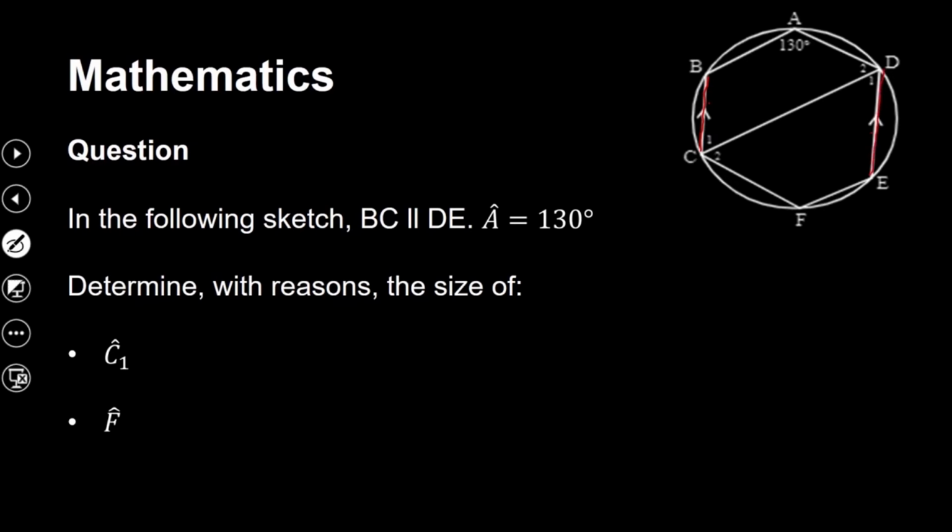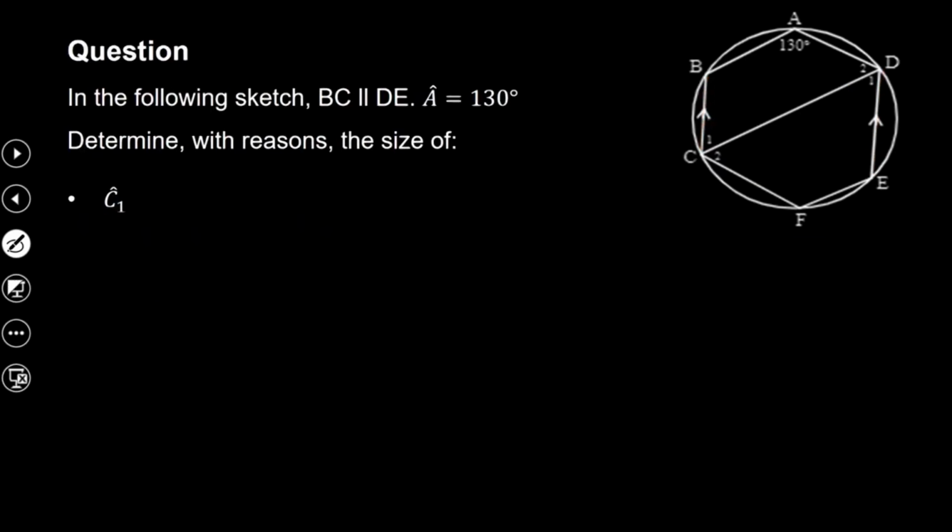And if they are parallel to one another, it definitely makes this angle equal to that angle, as alternate angles. And then we can try and talk about certain angles under there. We are given that A is 130 degrees, and then they want us to find the size of C1 and F.